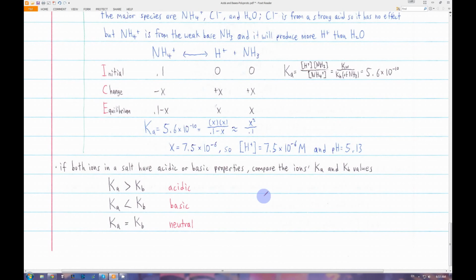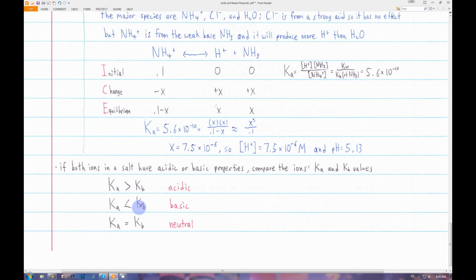In that case, the Ka of ammonium is 5.6 times 10 to the negative 10th, while the Kb of fluoride is 1.4 times 10 to the negative 11th. So the Ka of ammonium is larger, although not by much, than the Kb of fluoride. So we predict that the solution will be acidic.